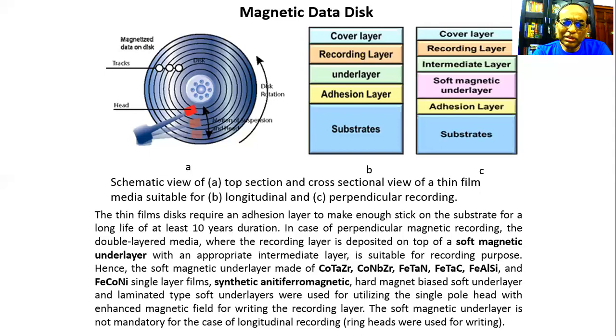Single layer film, synthetic antiferromagnetic, hard magnet biased soft underlayer, and laminated type soft underlayers were used for utilizing the single pole head with enhanced magnetic field for writing the recording layer. The soft magnetic underlayer is not mandatory in the case of longitudinal recording. Ring heads are used for writing.